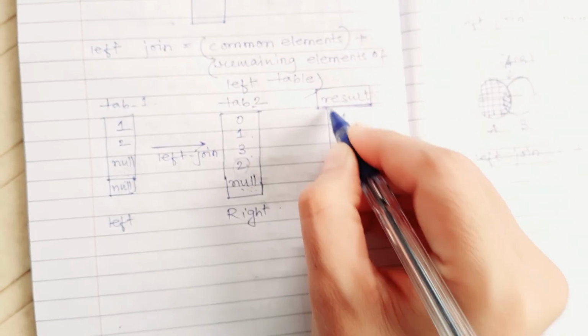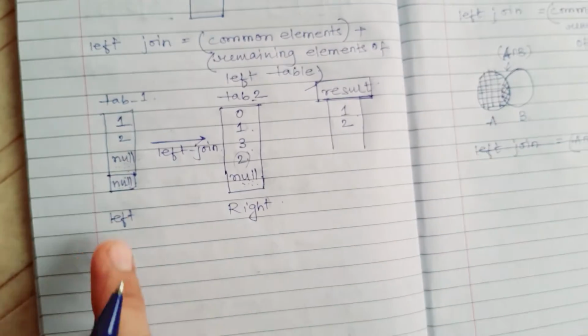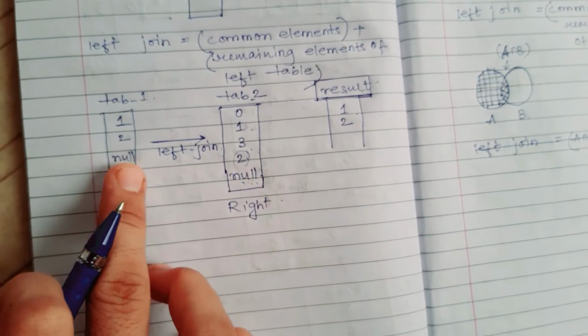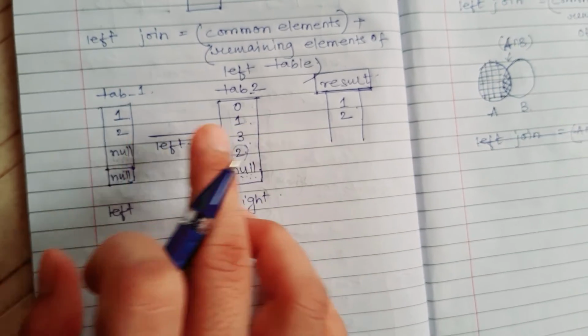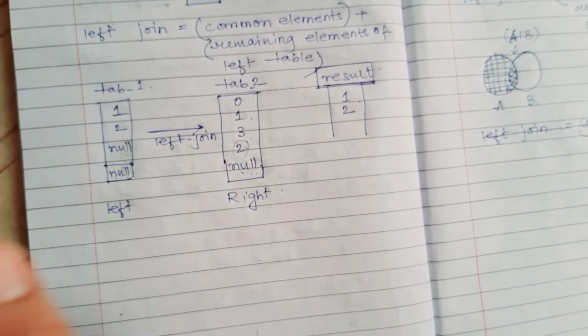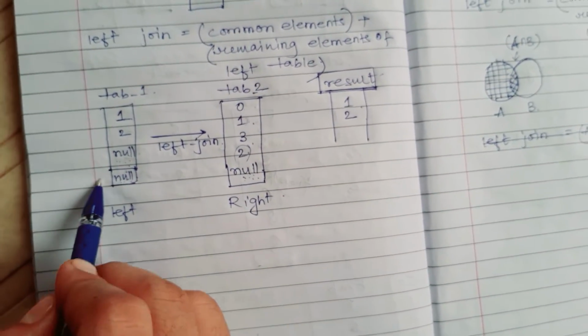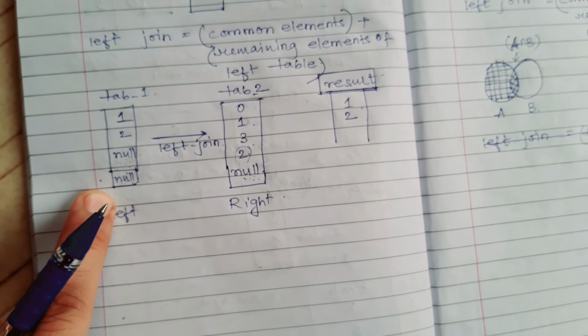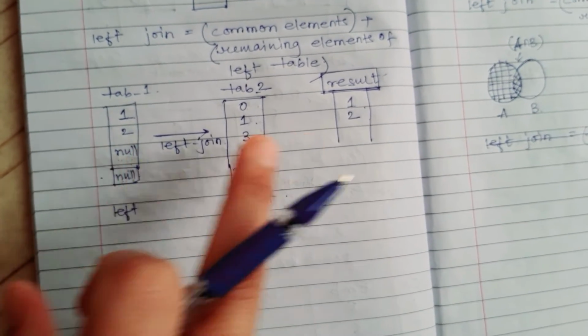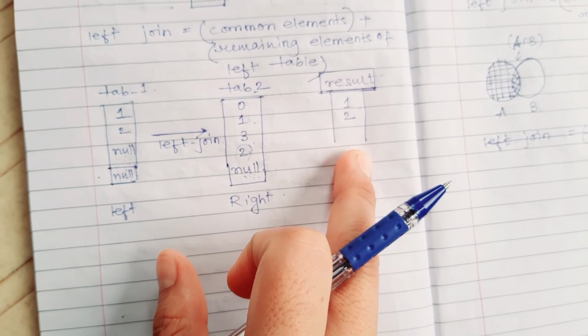So this is the result that I have got after mapping both the tables, and these are the two elements in the result set which are common in both tables, table 1 and table 2. But there are still a few elements left in table 1. They are different objects, but they are elements of table 1. So every element of the left table should be present. You understand?